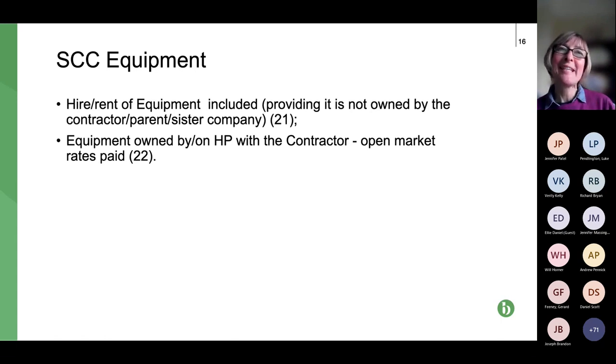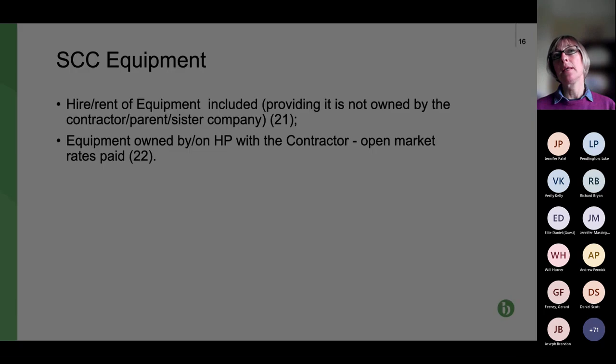Now, there's a caveat here, in that if you hire or rent the equipment from a parent company or sister company, you don't get paid those rates unless it's open or market rate. And ditto if it's your own equipment as well. So the next slide, please.